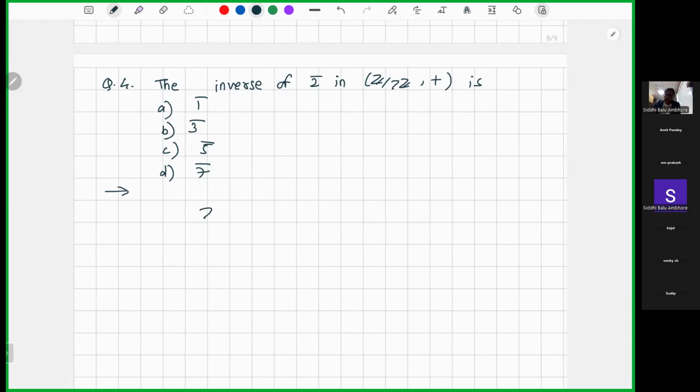The group operation is addition and the identity is 0.